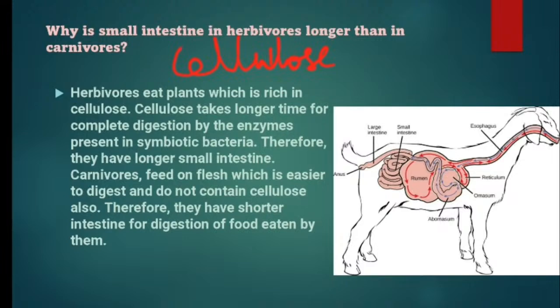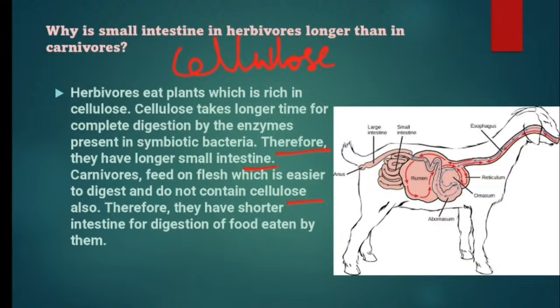In order to break this down, there are certain symbiotic bacteria in the gut of the herbivores, and it takes a very long time for the herbivores, and that is why they have a longer small intestine. When compared to carnivores, carnivores feed on meat. Animal cells do not have a cell wall and do not have cellulose.